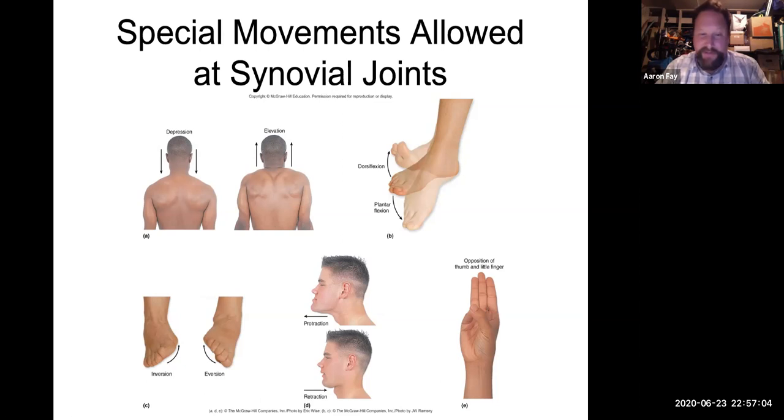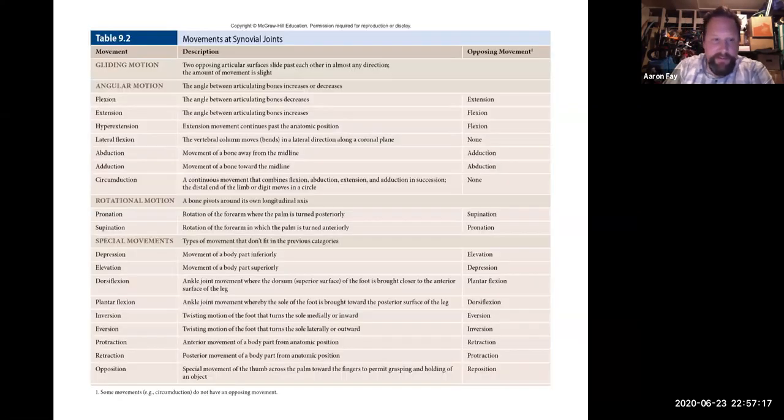If you protract your mandible or retract your mandible, you look really smart, right? Scapula can protract and retract. Mandible can protract and retract. Right. So here we have a nice little synopsis of all the different types of movements for the different synovial articulations. So definitely want to familiarize yourself with all of these.